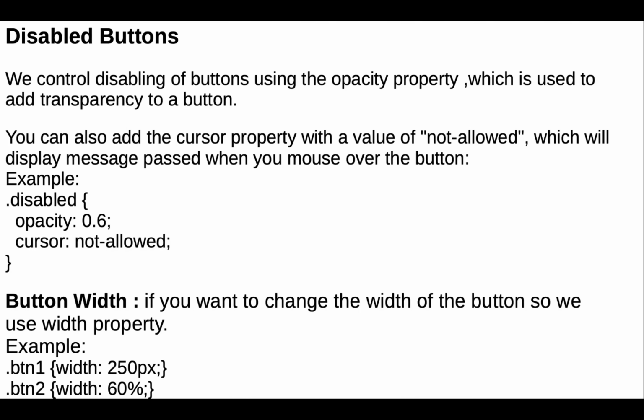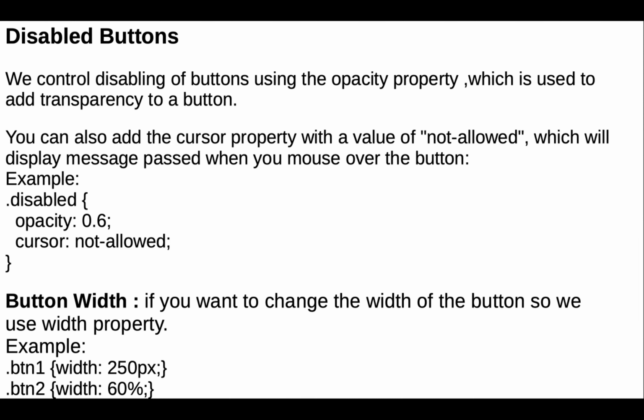So next is disabled button. We control disabling of buttons using the opacity property, which is used to add transparency to a button. You can also add the cursor property with the value of not allowed, which will display a blocked symbol when you mouse over the button. For example, here we make one class disabled and use opacity and cursor properties.